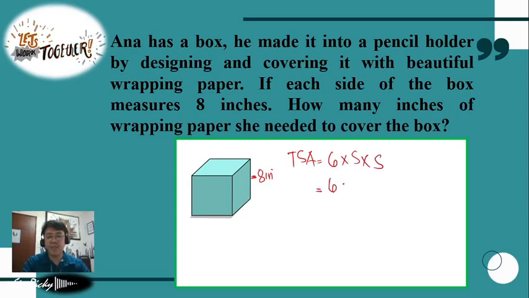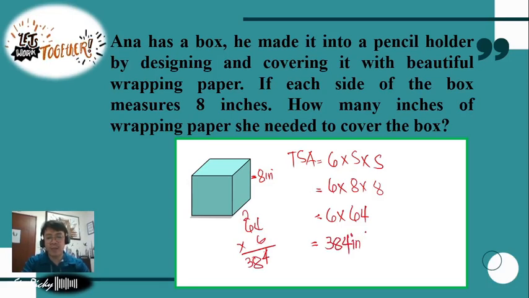So 6 times 8 times 8. 8 times 8 is 64. If we multiply 64 times 6, 6 times 4 is 24. Bring down 4, carry 2. 6 times 6 is 36 plus 2, that is 38. Therefore, the total surface area of the box is equal to 384. Write the units and the square. So therefore, 384 square inches.